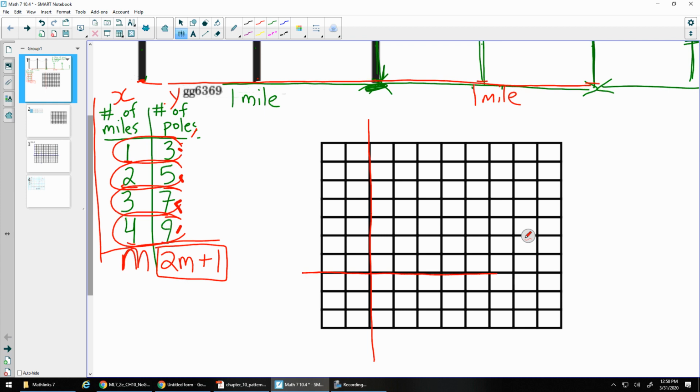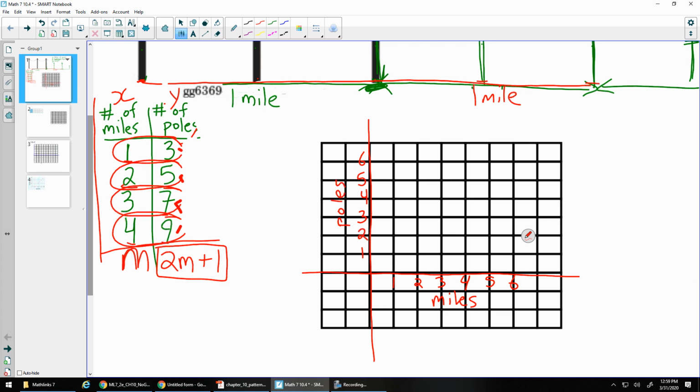So if it was to look like this, I had 1, 2, 3, 4, 5, 6, and 1, 2, 3, 4, 5, 6. We can actually graph this. We said when I had gone 1 mile, and my x would show how many miles we've gone. My y I should label as poles.